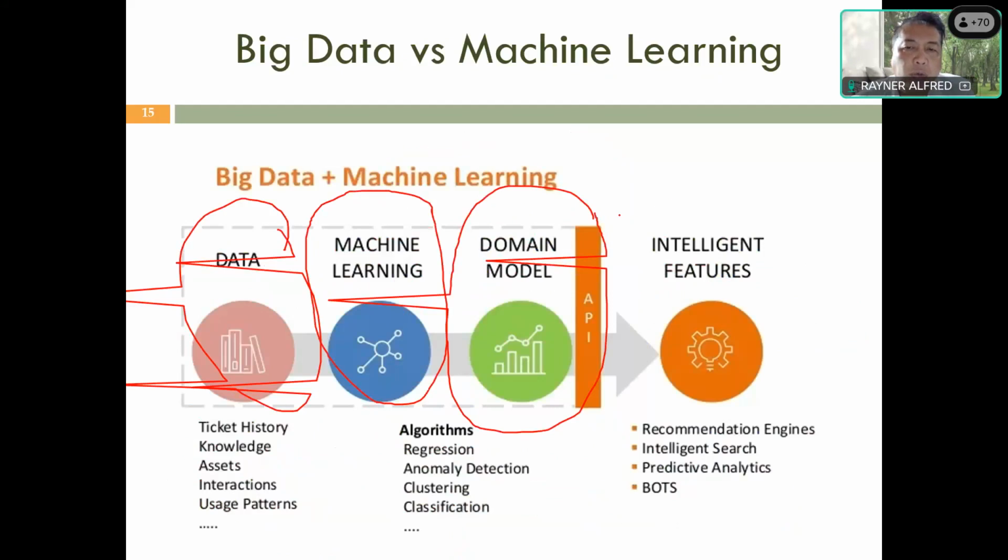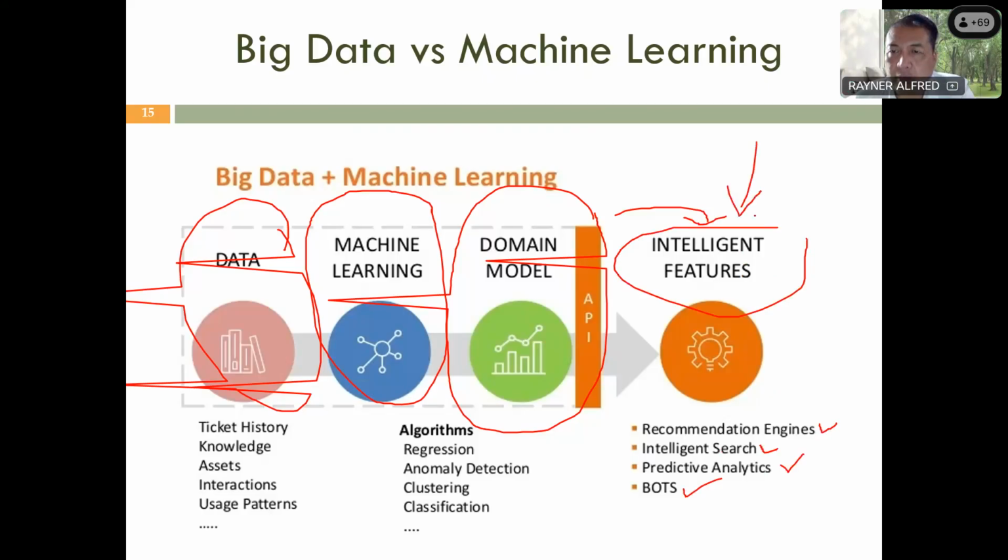What you need to do is deliver intelligent features. This is something like you want to be able to perform clustering or prediction or forecasting or intelligent search, recommendation engine, and so on, or bots. Okay, so these are some intelligent features that we are discussing when we talk about AI.